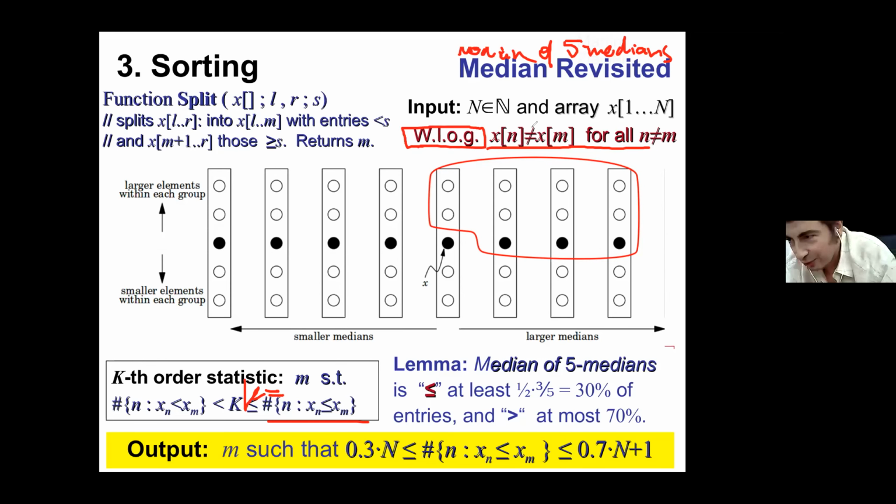If there are equal elements, then sometimes m is ambiguous for a given k, and for other k there is no m which satisfies k is equal to that. To avoid this kind of problem, we assume that all elements are distinct. So for every k between 1 and the size of the array, there is exactly one m which satisfies k is equal to that, and this is what is output by the k order statistic.